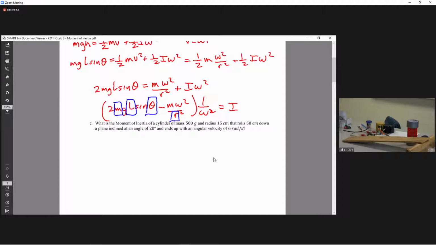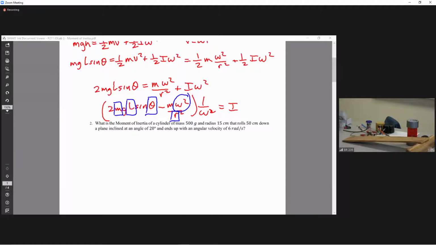R, the outer radius of the tape roll. And finally, maybe most importantly, omega. Omega, the final angular speed of the tape roll when it gets to the bottom. And that is where the iOLab comes in.